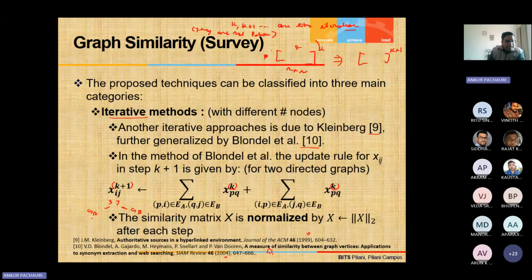GA has an edge set EA and graph GB has an edge set EB. Okay, fine. Now here P and Q are varying. X of PQ is the iteration-wise similarity score of the nodes of the two graphs. So GA's are this and GB's are this.